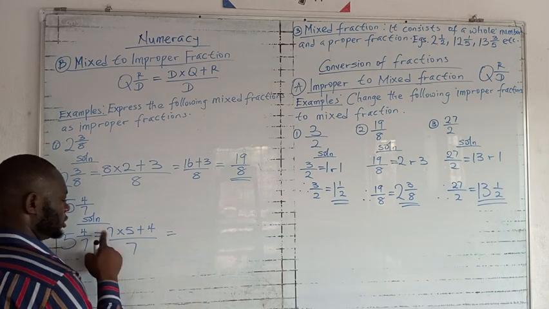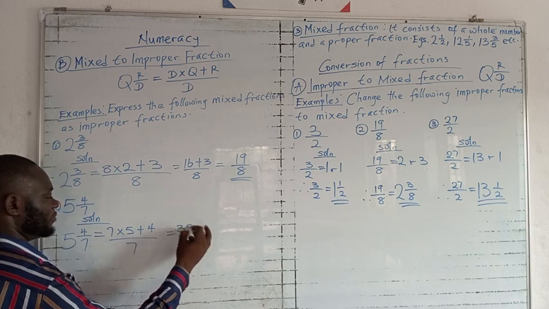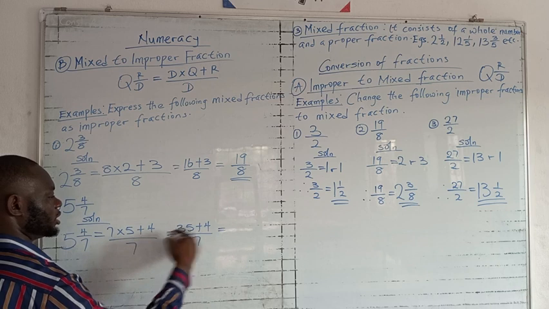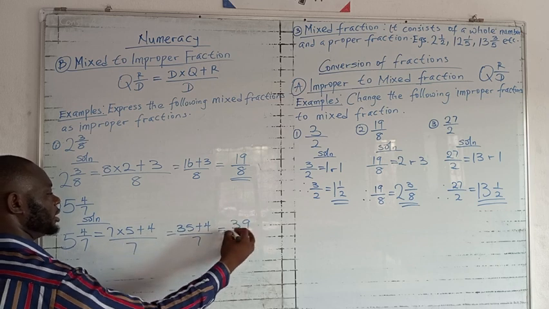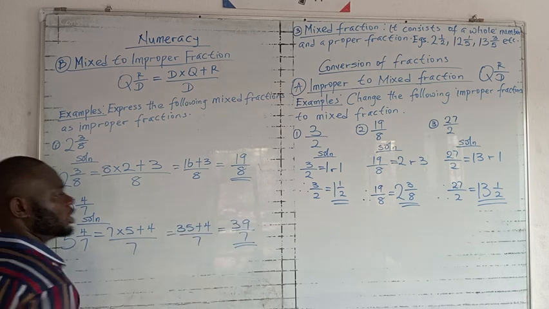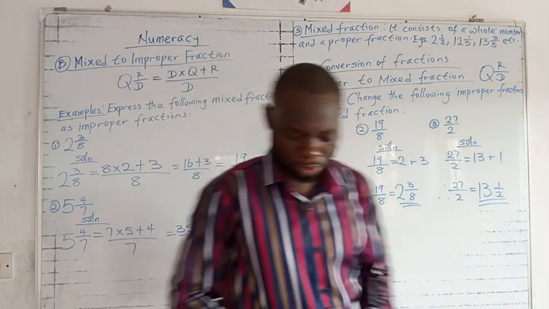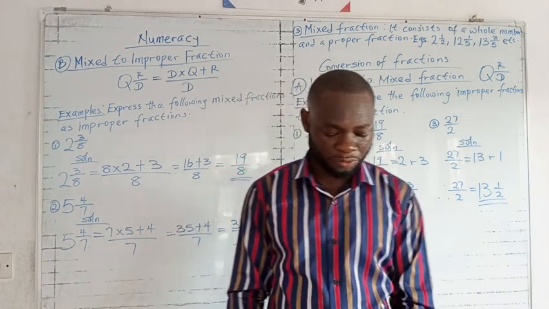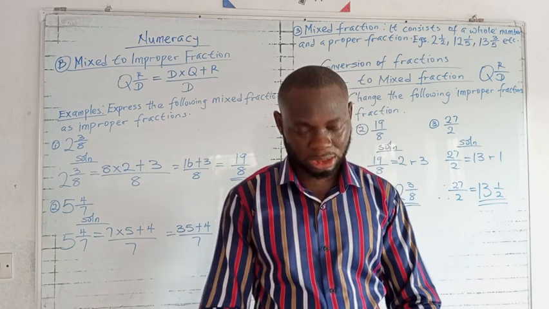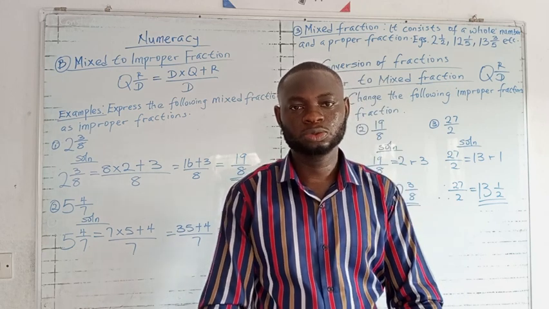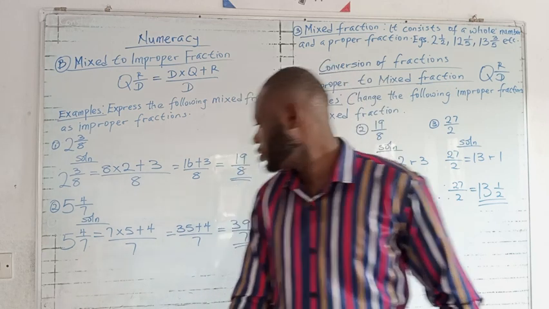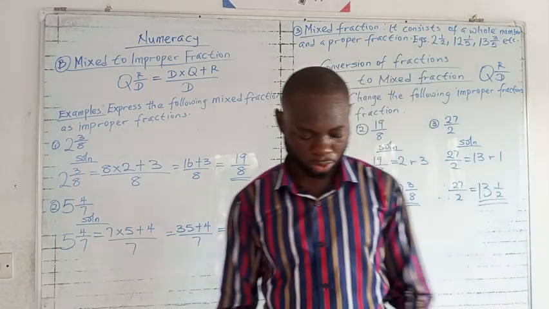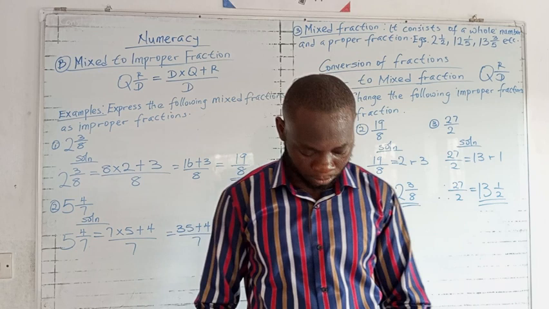And this is 7 times 5, 35, plus 4 over 7. 35 plus 4, 39, all over 7. And you see, this is how to express fractions from mixed back to improper and from improper to mixed fraction.